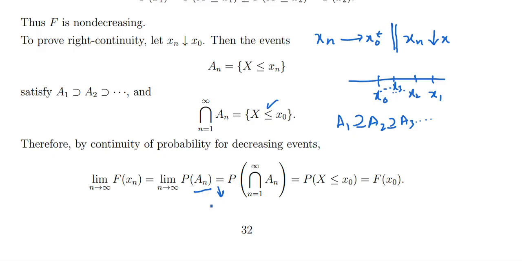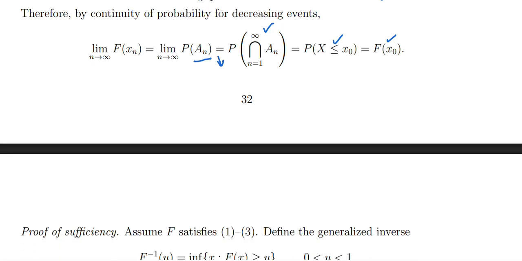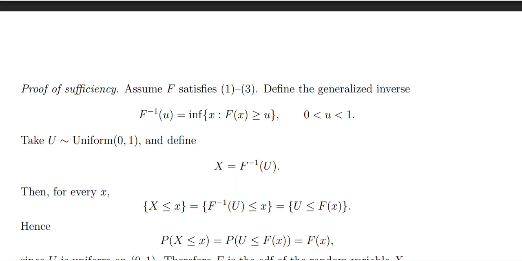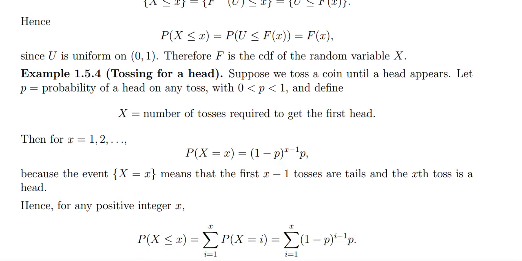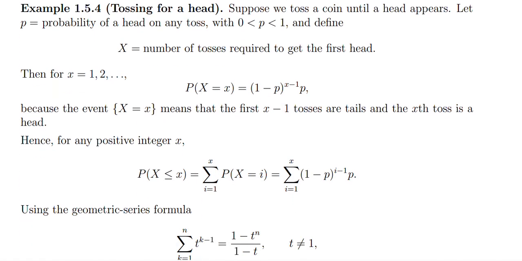We can just show this in measure theory, so it's not hard to show. And then this intersection is X less than or equal to x naught, and this is this. So hence this is right continuous. For the converse, we will not show the converse. It's a little bit hard for me to show the converse.